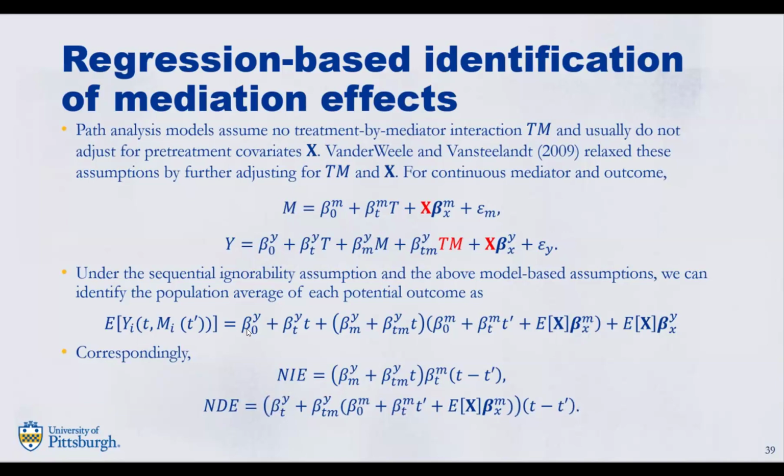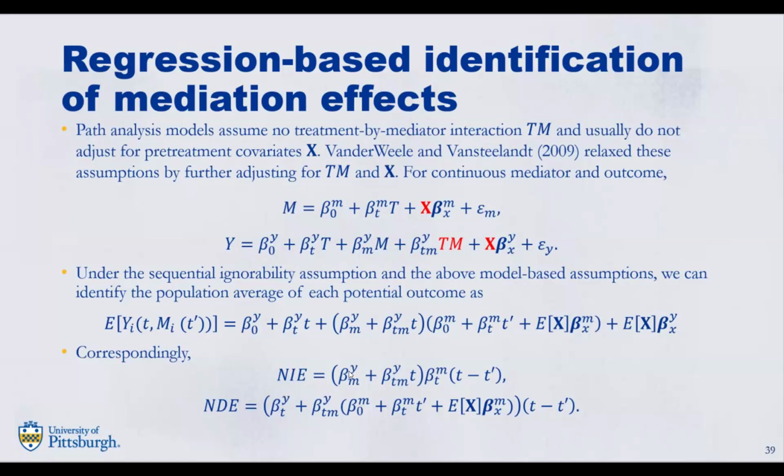Now, you can tell how the definitions of NIE and NDE change after accounting for confounders and treatment by mediator interaction. Remember earlier when we used the path analysis models that do not have TM interaction and the covariates X, the indirect effect is simply defined as the product of TM path and MY path.